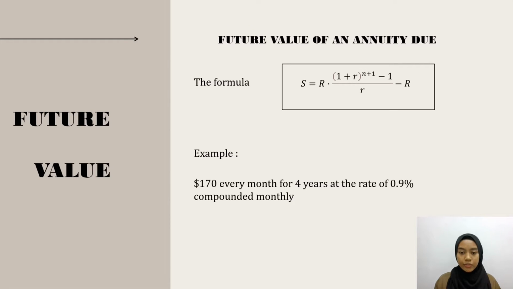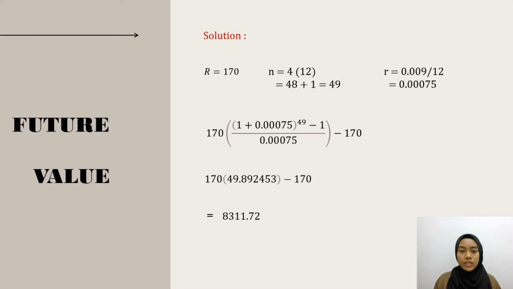So the example here is $170 every month for 4 years at the rate of 0.9% compounded monthly. So our solution is R is 170 and N is 4 multiplied by 12. Here we need to multiply by 12 because it is compounded monthly, and we get 48 plus 1, and the answer is 49.